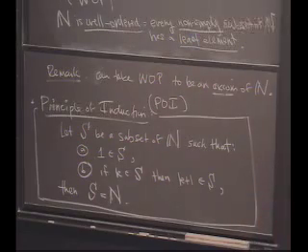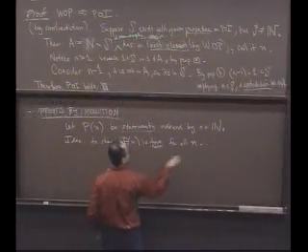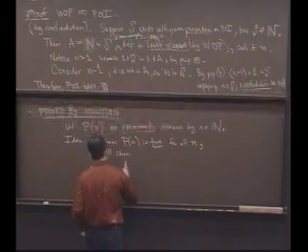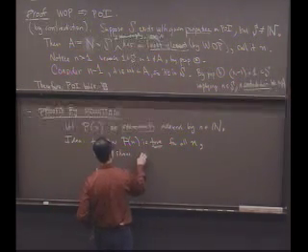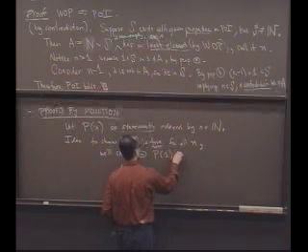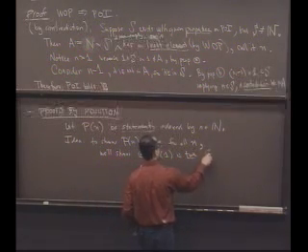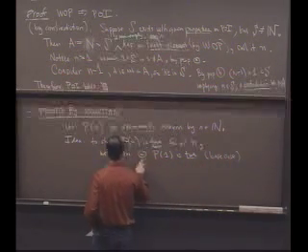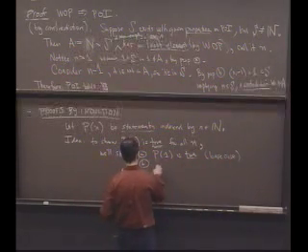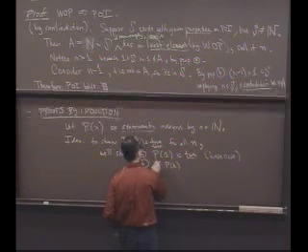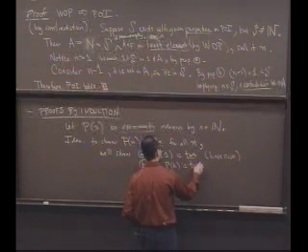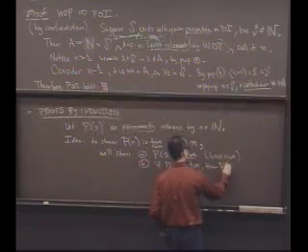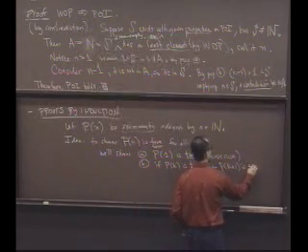So the idea is to show P of n is true for all n. For all n, we'll show two things. The first thing is that P of 1 is true. This is often called the base case. And we want to show that if the kth statement is true, if P of k is true, then P of k plus 1 is true.